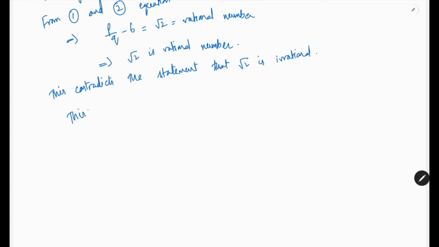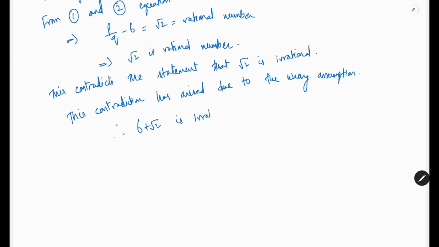So this contradiction has arisen due to the wrong assumption. What is the wrong assumption we have made? 6 plus root 2 is rational. Okay. So therefore 6 plus root 2 is irrational.